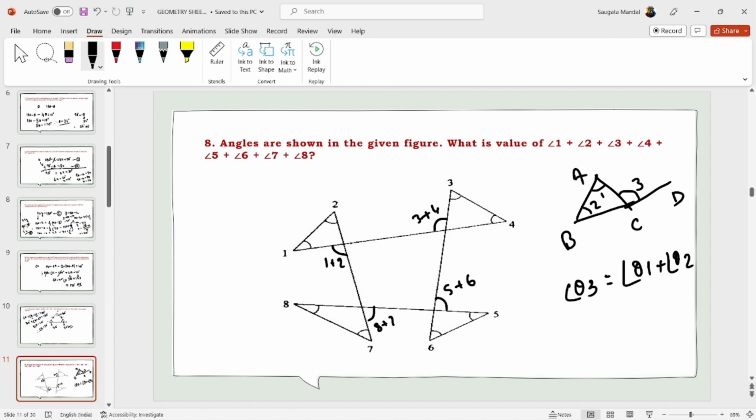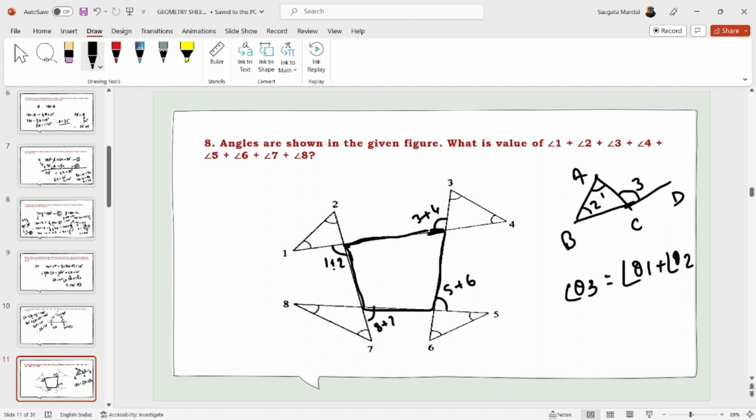We know that this is a quadrilateral. Quadrilateral means chaturbhuj. In a quadrilateral, the sum of external angles is always equal to 360 degree. What are the external angles of this quadrilateral?